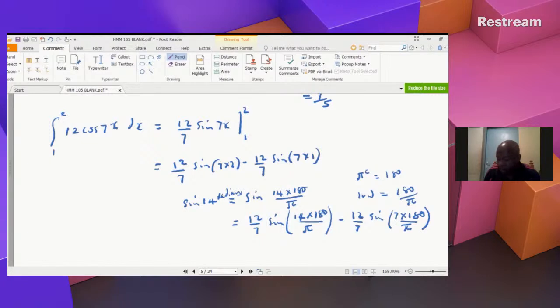I will begin by sine, then open brackets 14 times 180 divided by pi. I get 0.9906. Then multiply that by 12, or let me not multiply by 12 because I want to factorize that 12. Let me just say minus sine of 7 times 180 divided by pi.